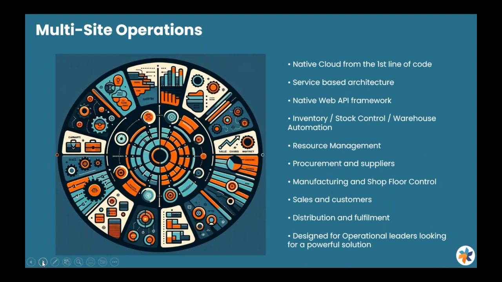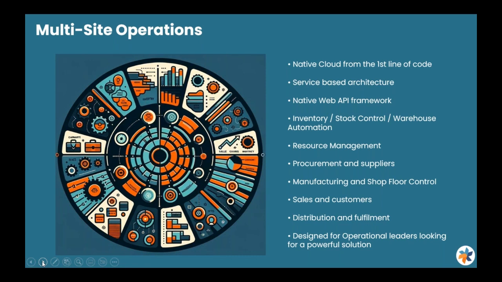All right, so in terms of what SDMO can offer, it has the ability to do multi-site operations. So when we talk about multiple warehouses, multiple locations, it could be multiple companies, SDMO will allow you to manage and distribute inventory from multiple sites. Again, it's native cloud from the first line of code.